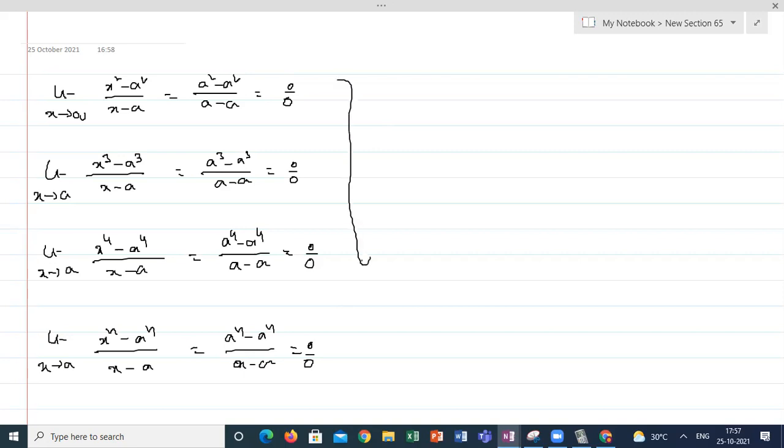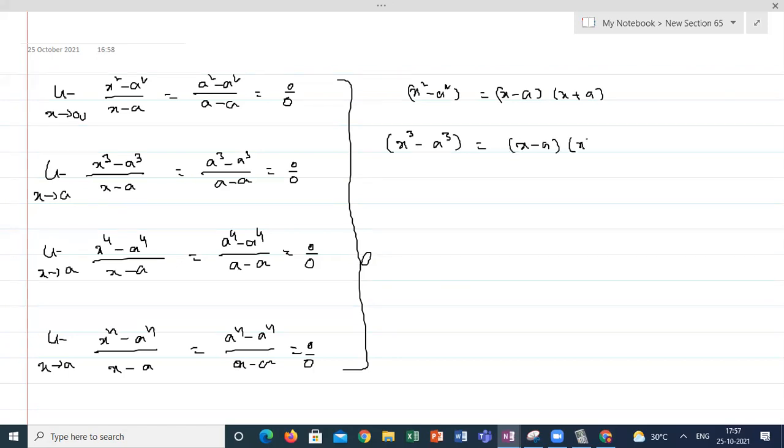If any question is in this format, the factors of x square minus a square is x minus a into x plus a. If it is x cube minus a cube, the factors are x minus a into x square plus xa plus a square. If it is x power 4 minus a power 4, the factors are x minus a into x plus a into x square plus a square.